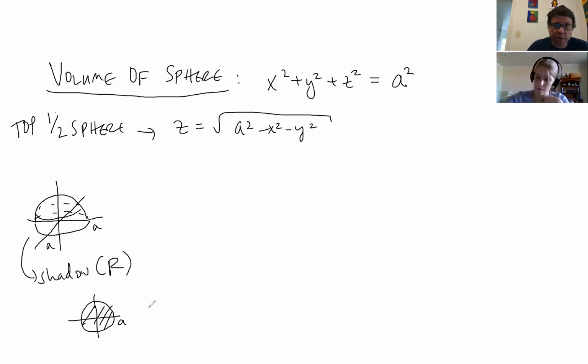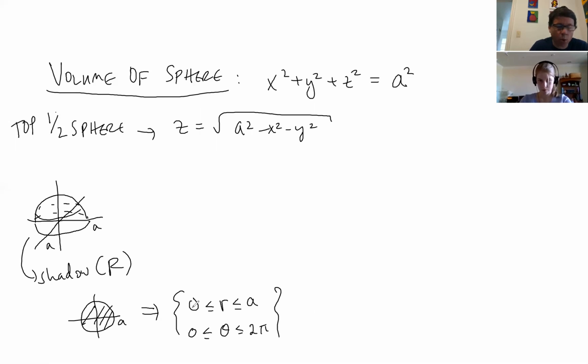Just like we characterized this in the last example, the radius is between the functions a and 0, and the angle goes all the way around, 0 to 2 pi. We'll do one that has a hole in it so that we don't always have the 0 every single time. But that's the characterization.